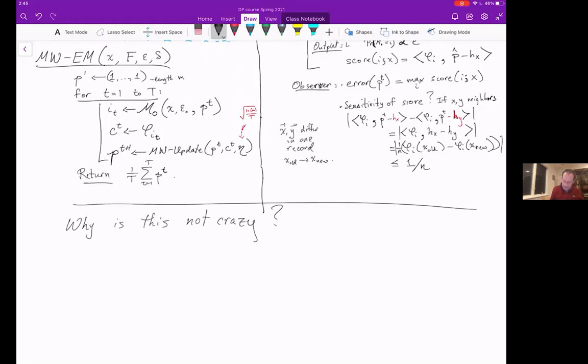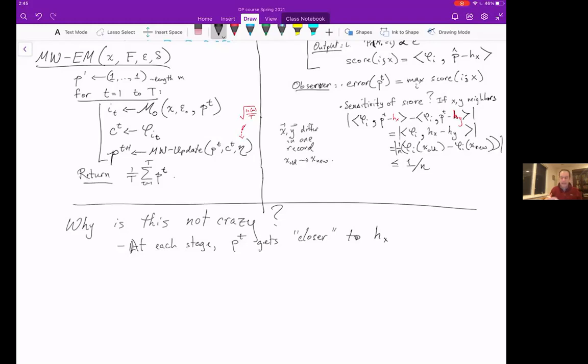Basically the idea is that at each stage, P sub t gets closer in some sense to the true distribution, at least as measured by these queries.